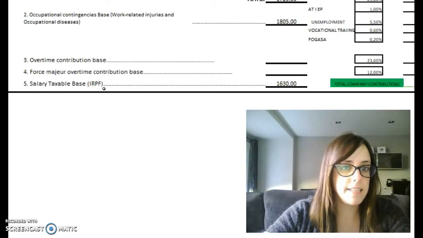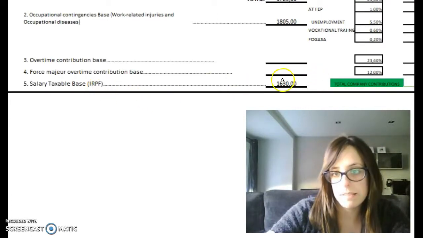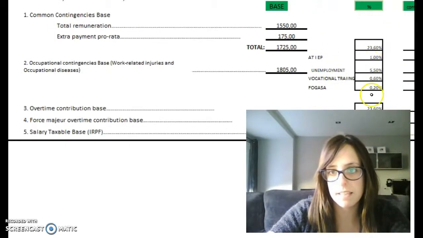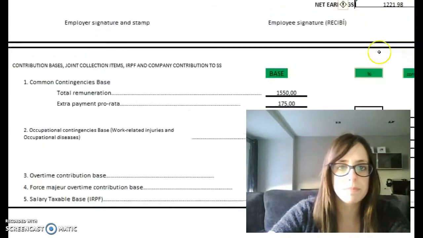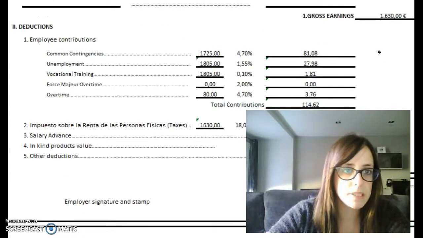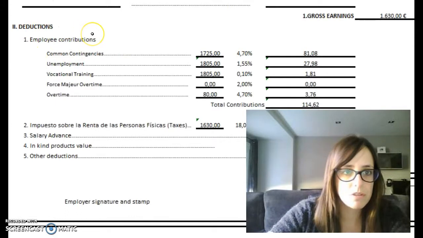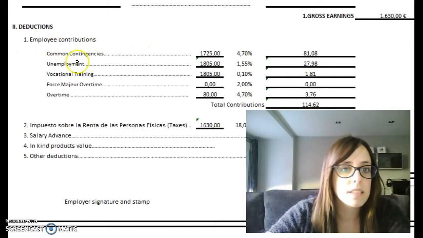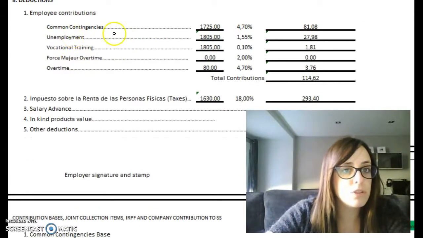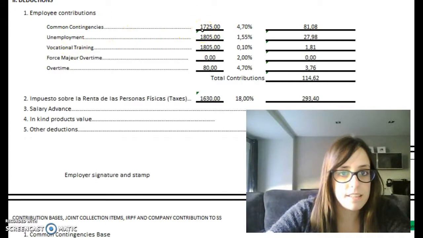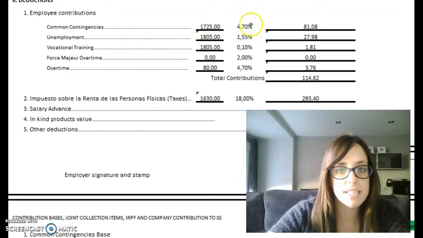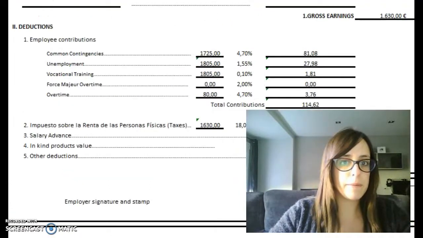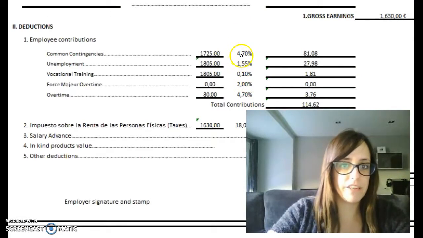The salary taxable base, IRPF, and these are the percentages of contributions. And the last step, we have deductions, and we calculate employee contributions. We have common contingencies, that the result is 1725, and the percentage we have for that is 4.70%.